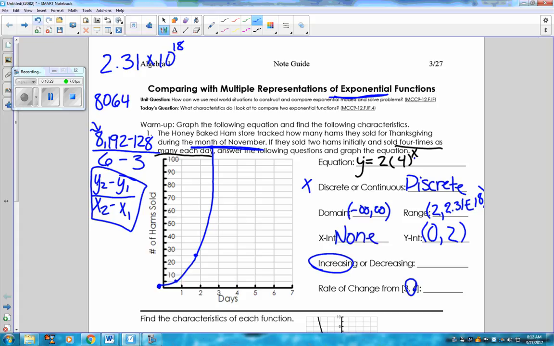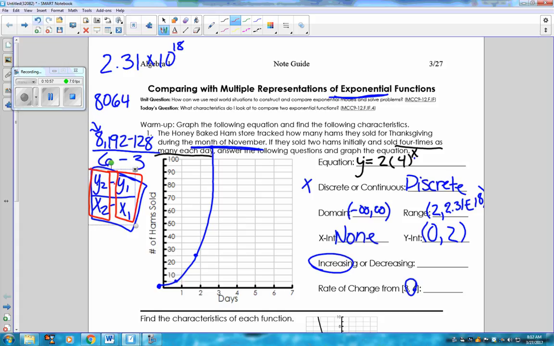To get y1, I plug x1 in for x into the calculator. I have to use both. We use 6 right here and 3 right here. So it's y2 minus y1 divided by x2 minus x1.